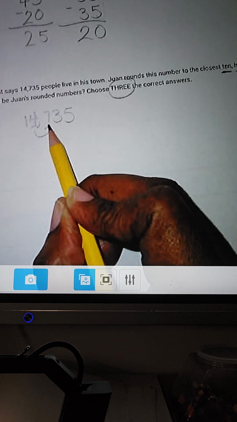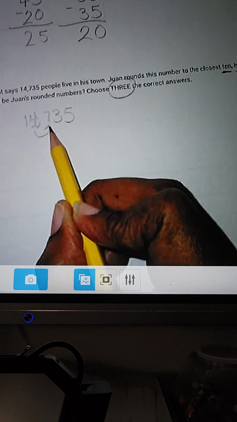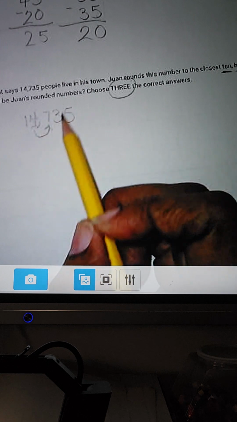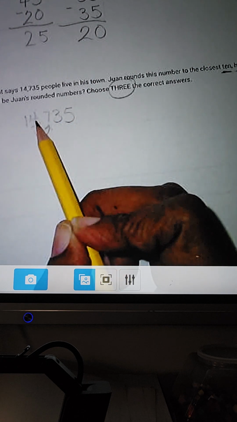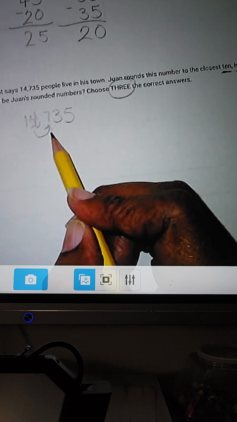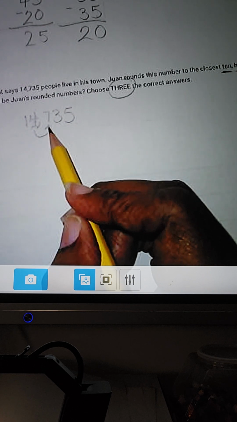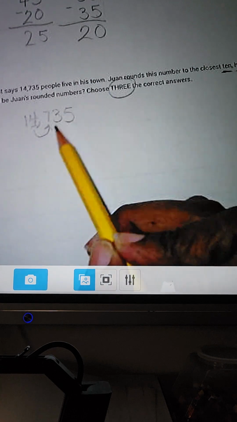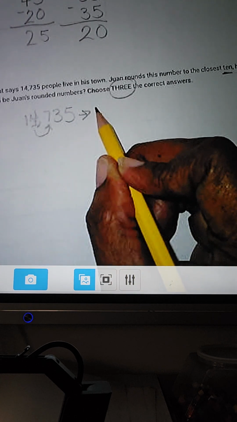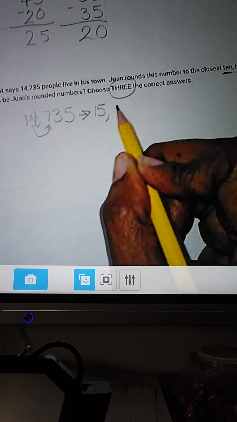Look to the right. 5 or greater. That means that this number 4 becomes a 5. But if it's 4 or less, let it rest. Okay? All right, so this number rounds to the nearest 1,000 to 15,000.